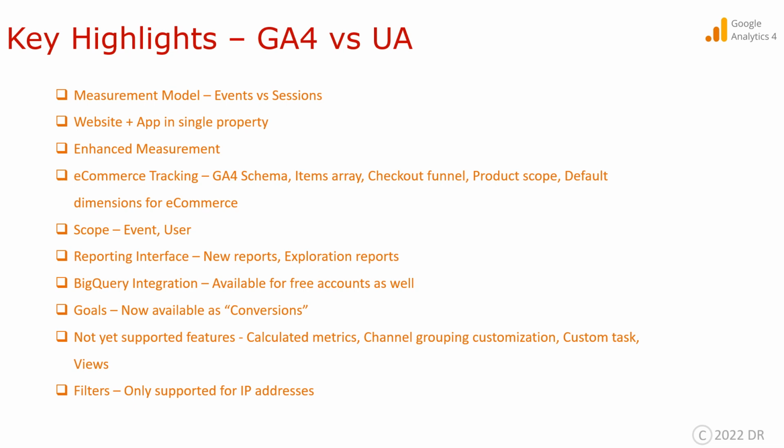The next one is enhanced measurement. Now with enhanced measurement, if you turn it on, a lot of things get tracked automatically just with your configuration tag. So for example, videos, then you have outbound clicks, scrolls, and so on. But the thing here is that you need to ensure that that particular feature is working as per what you want, right?